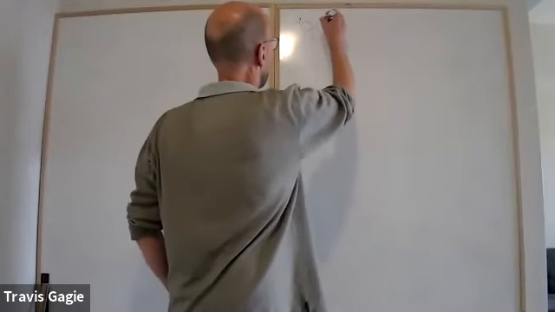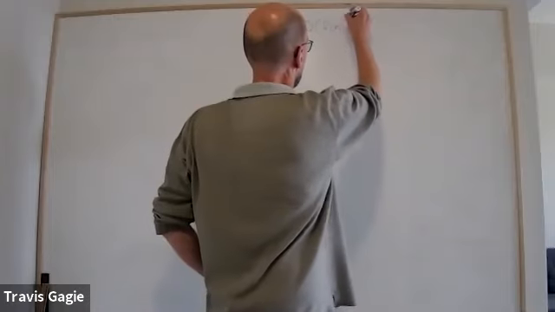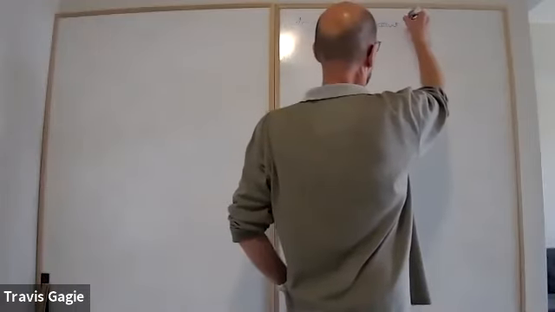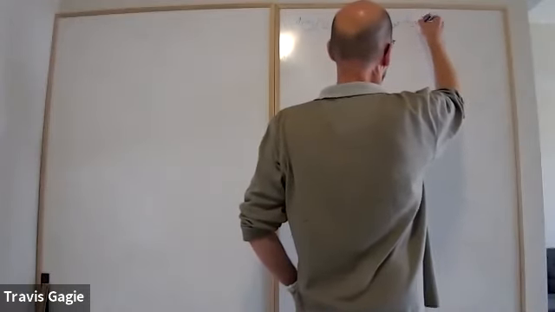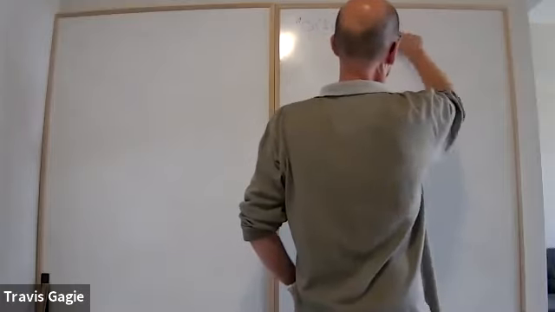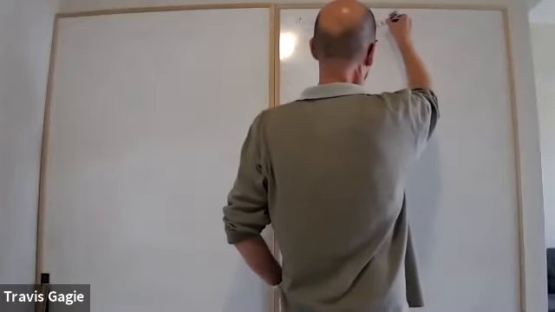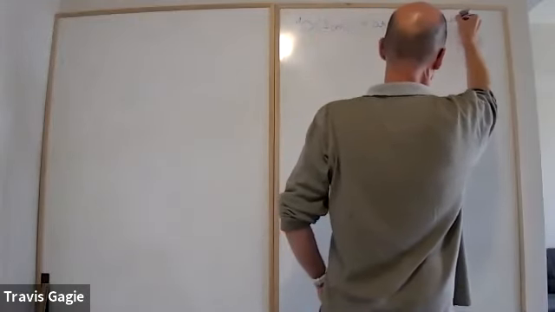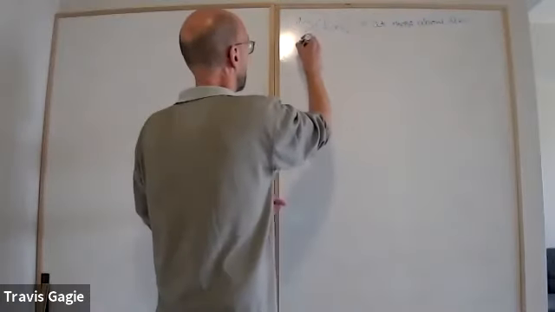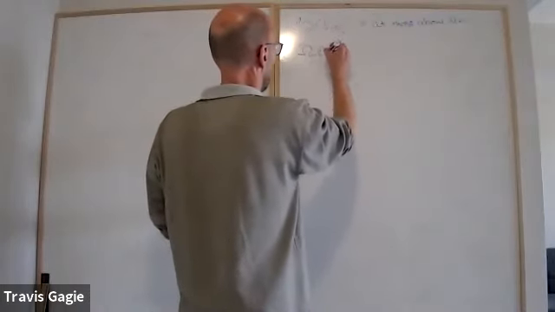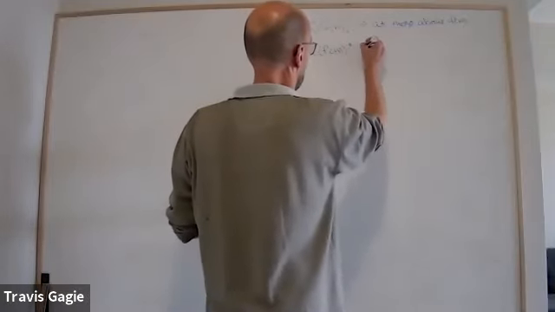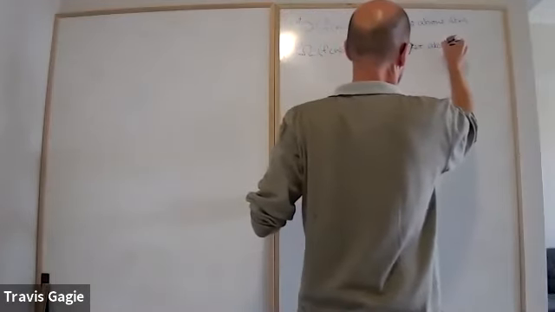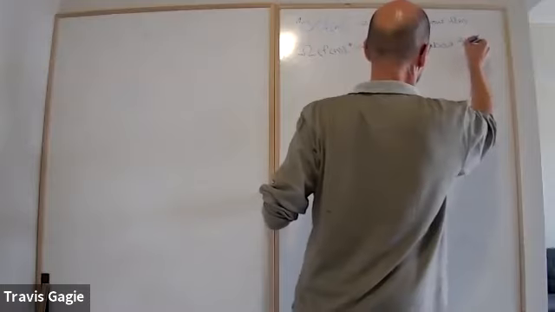So big O of f of n means at most about f of n. Sorry. Big omega of f of n means at least about f of n.